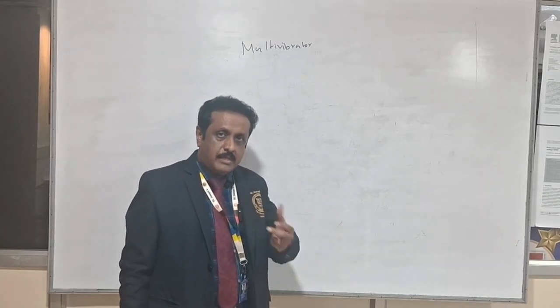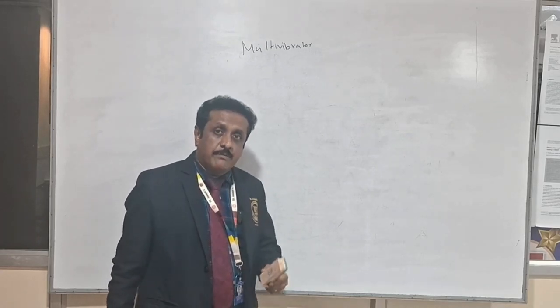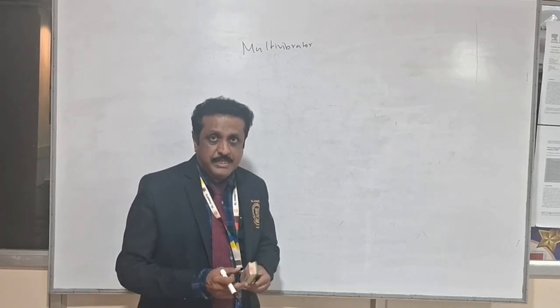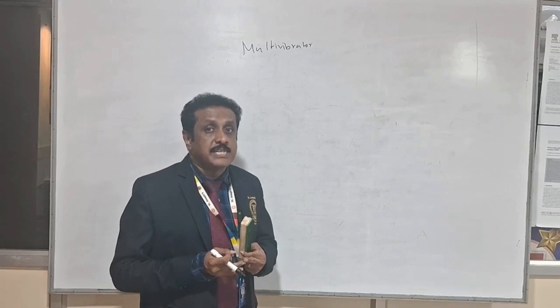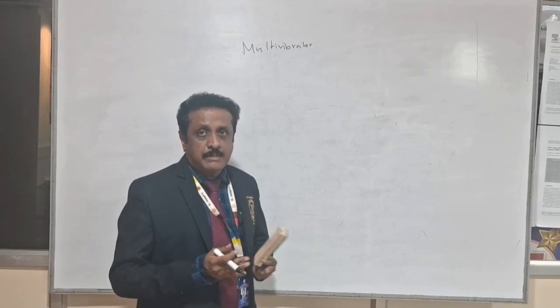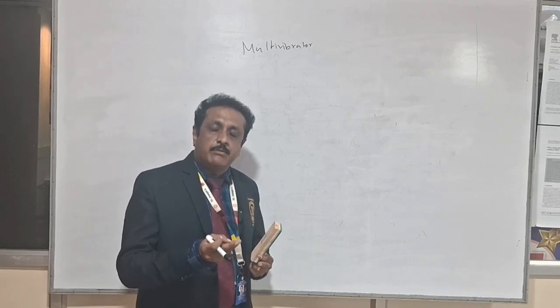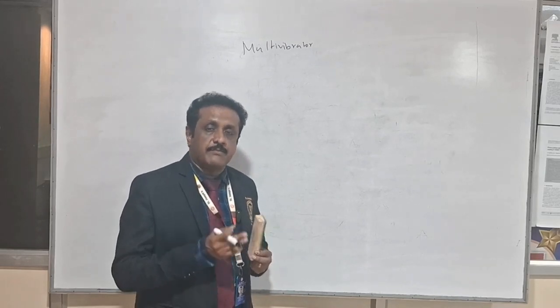because as we studied earlier, the major applications of the bipolar junction transistor, BJT, are two: one is amplification, the second is switching. There are three different working regions in a BJT: the active region, the saturation region, and the cutoff region.